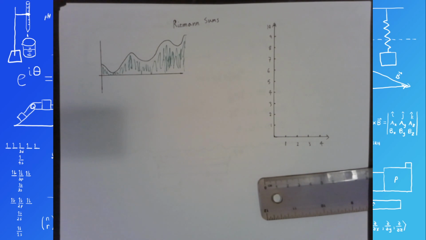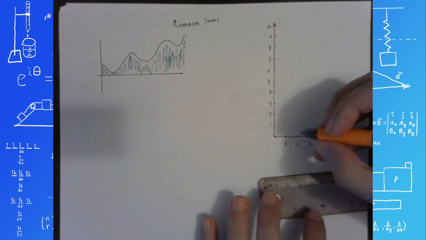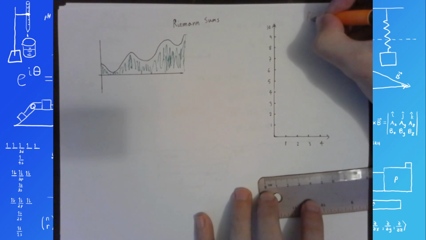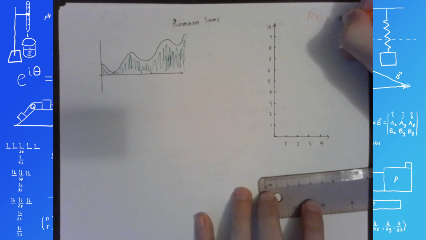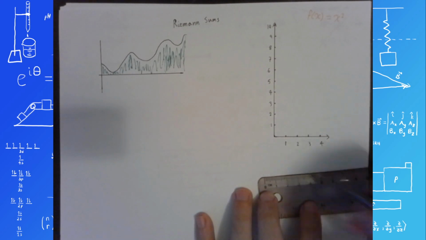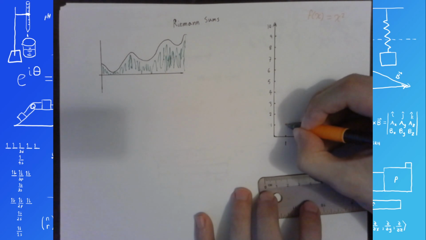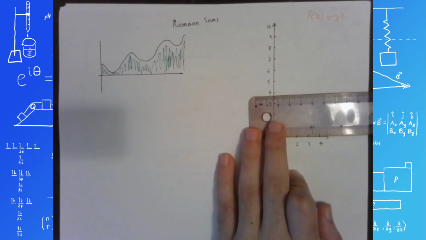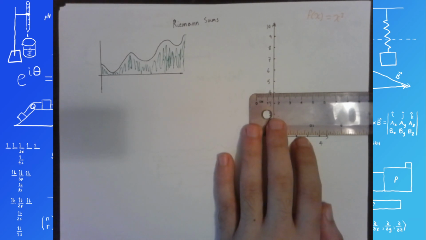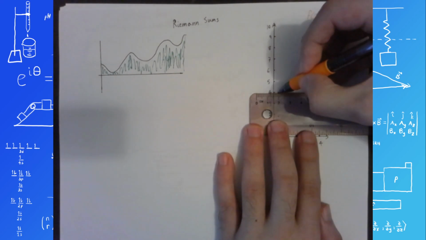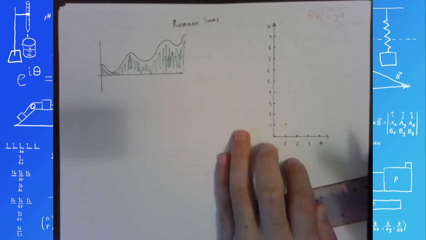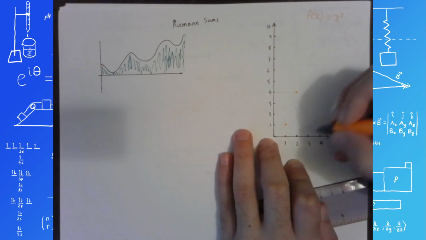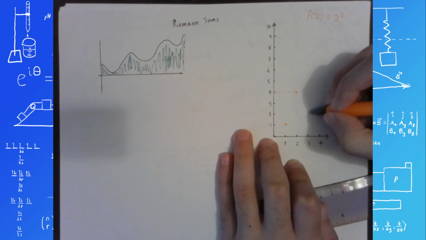Okay, so if I were to draw the graph of x squared, I guess I'll do orange for this. It's going to have a point at, so if f of x equals x squared is what I'm trying to graph, it's going to have a point at 1, 1, and then it's going to have a point at 2, 4. Let me try and get this somewhat precise. 2, 4, and then it's going to have a point at 3, 9.